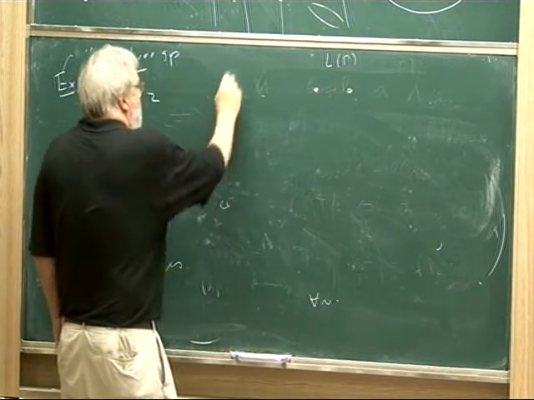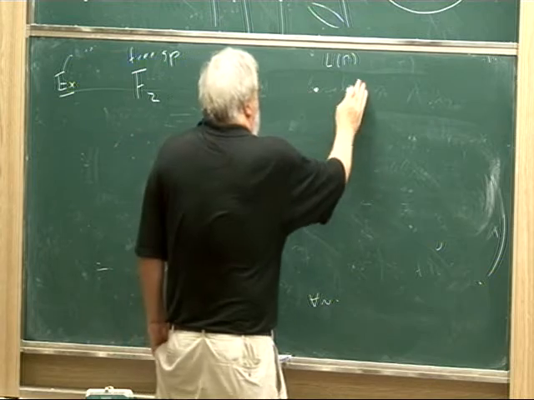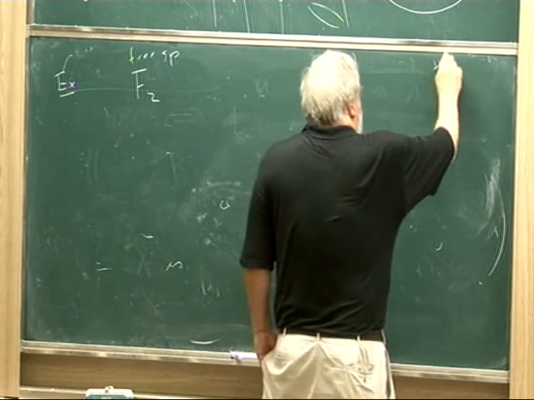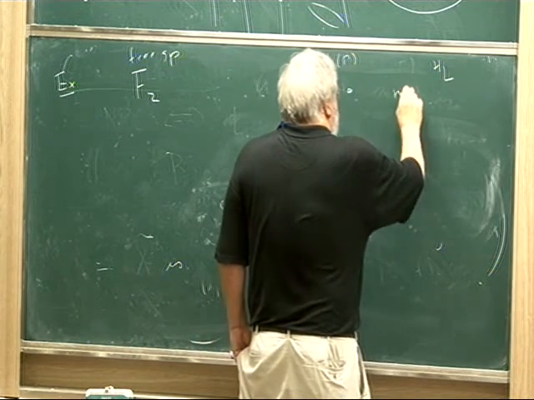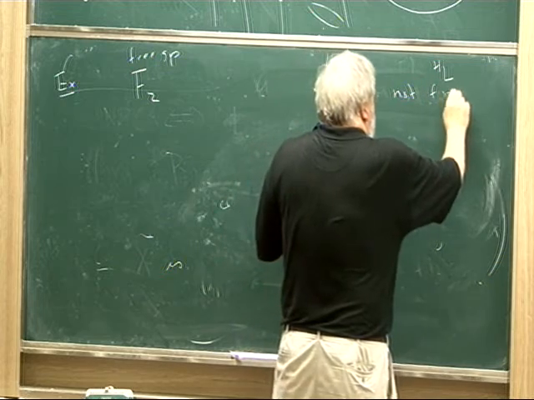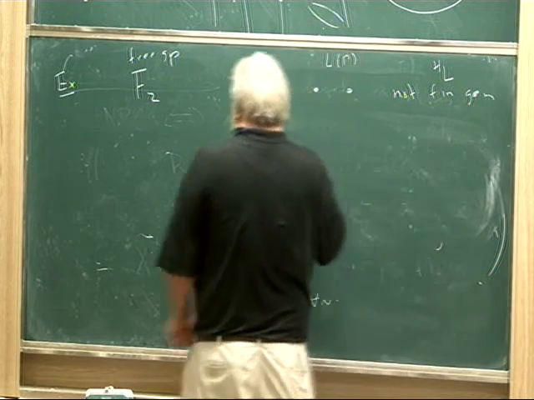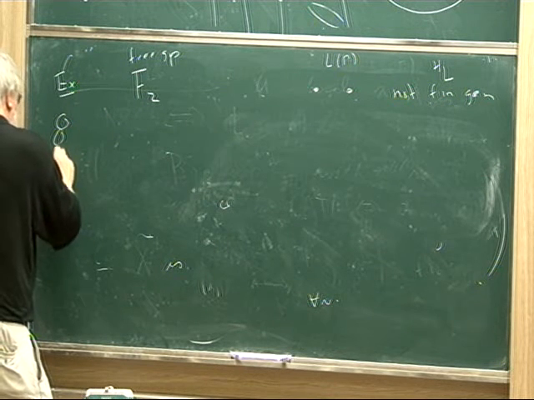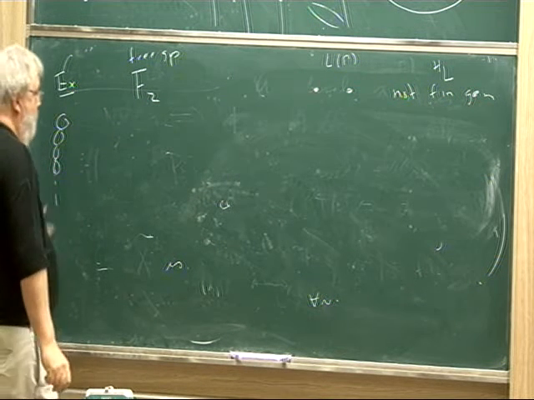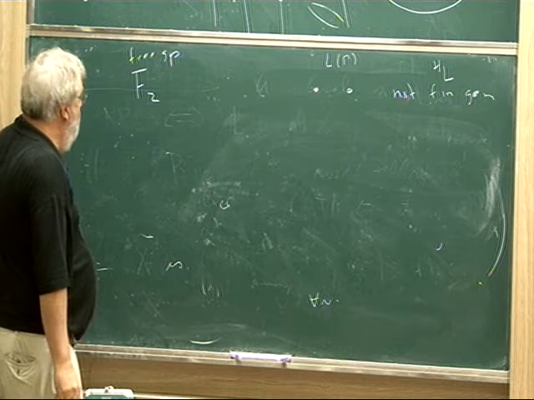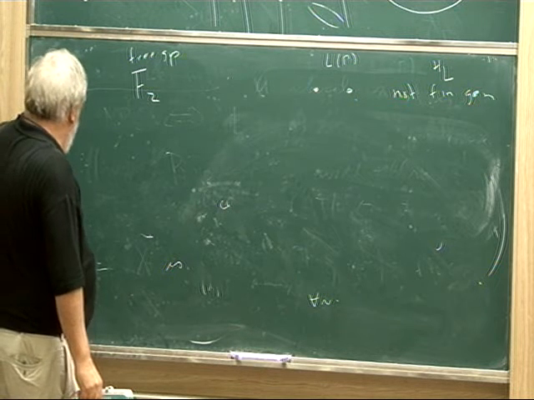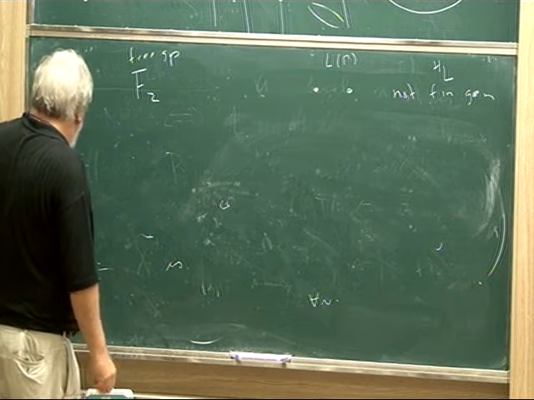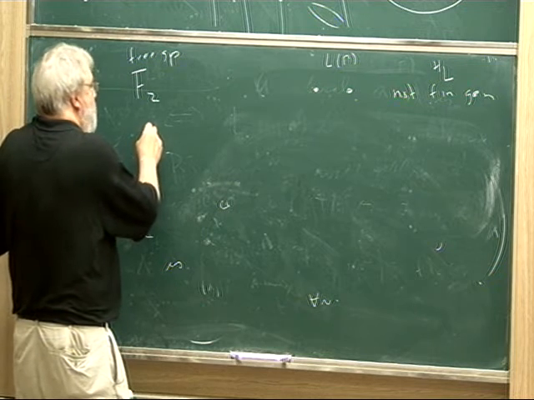And then we get that H of L is in fact not finitely generated. You can convince yourself of this, just take the homomorphism to Z and the universal cover looks like an infinite string of circles like that. So its fundamental group is not finitely generated.